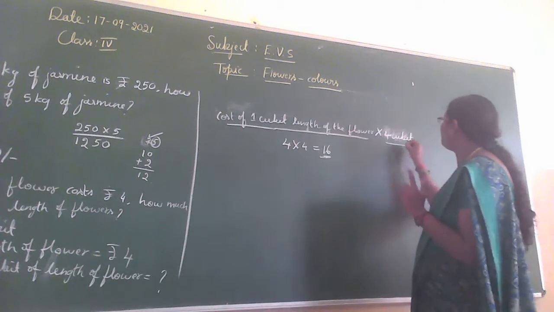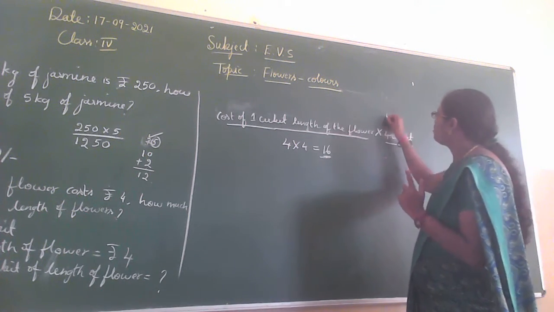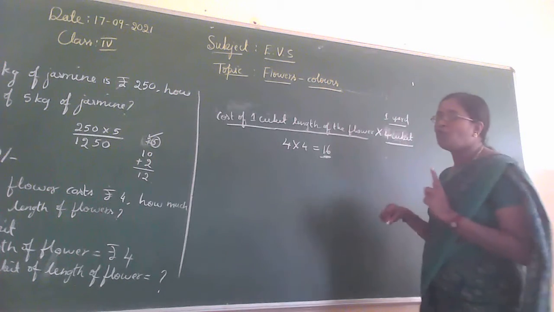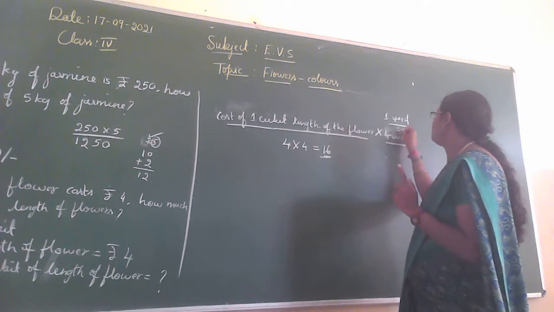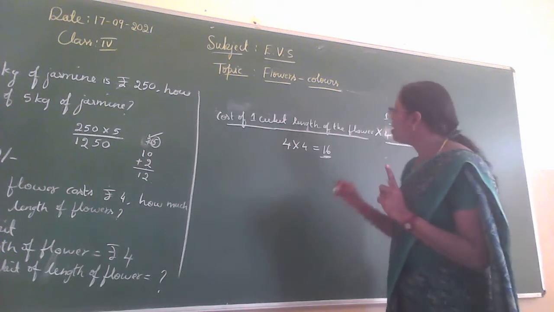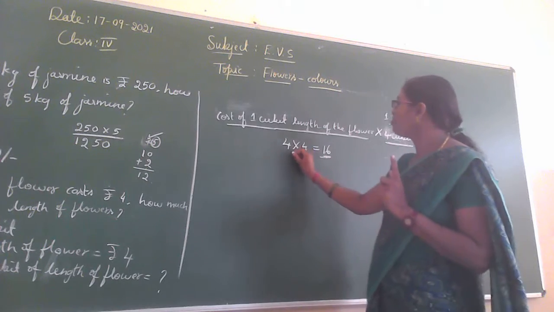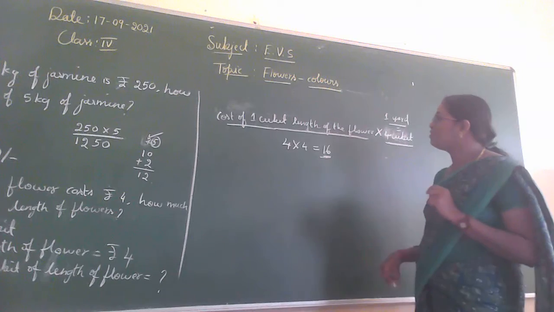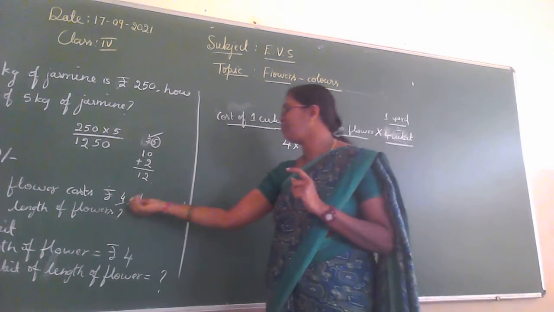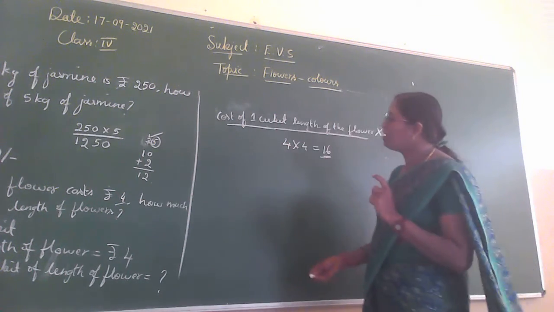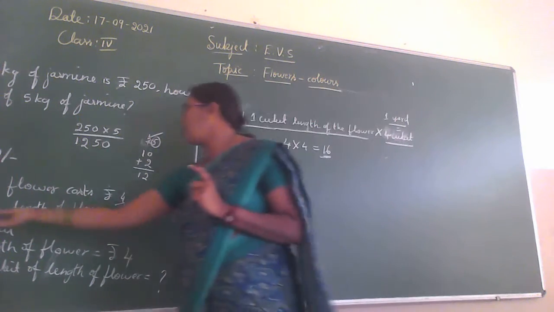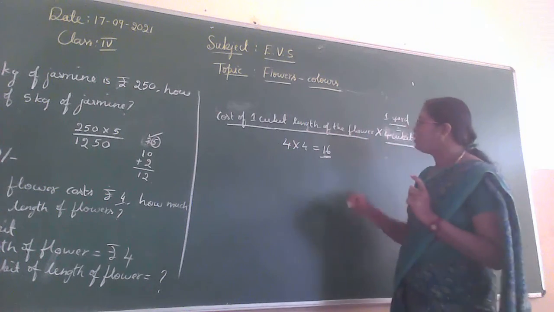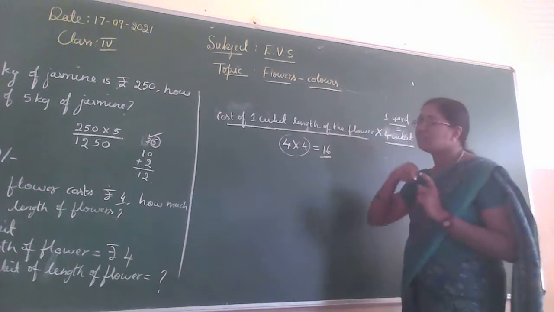Here we can write 4. Instead of 1 yard, we can write or substitute 4 cubit, because 1 yard is equal to 4 cubit. That's why I wrote it like this. 4 into 4 means the cost of 1 cubit length of the flower they have given in the question. Then we need to find out the cost of 1 yard. So here instead of 1 yard I am writing 4 cubit. If you multiply this, you can get the answer 16.